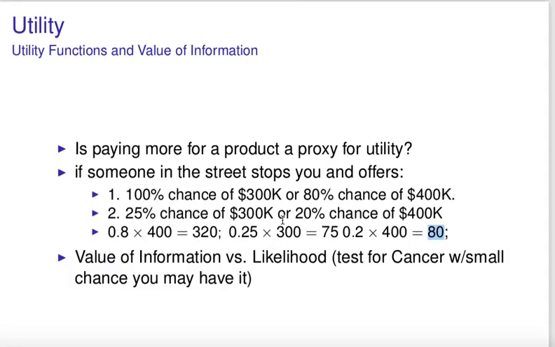Now, we need to understand also the value. In order to make good decisions, we need to understand the value of information because that's going to tell us how much utility, how much value does that information have. We have to understand that versus a concept called likelihood. So for example, a test for cancer with small chance you might have it, that is talking about a likelihood.